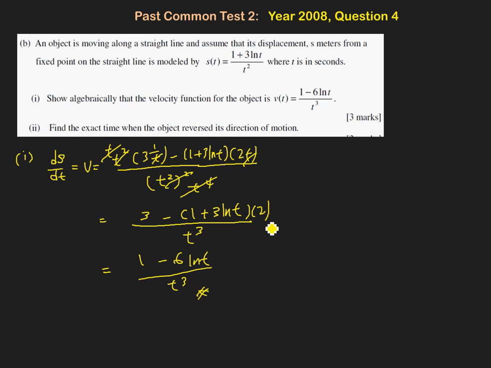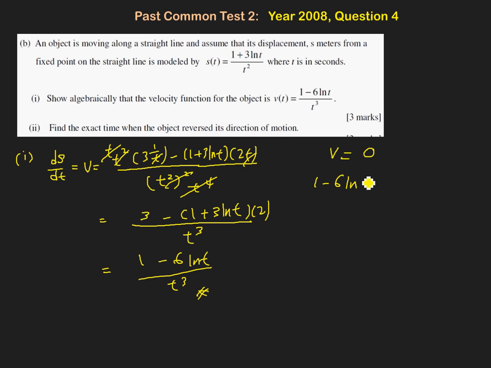So the second part is to find the exact time when the object reverses its direction of motion. You might recall from some of our videos that when it reverses its direction, it tends to stop momentarily, and that means when v is 0.